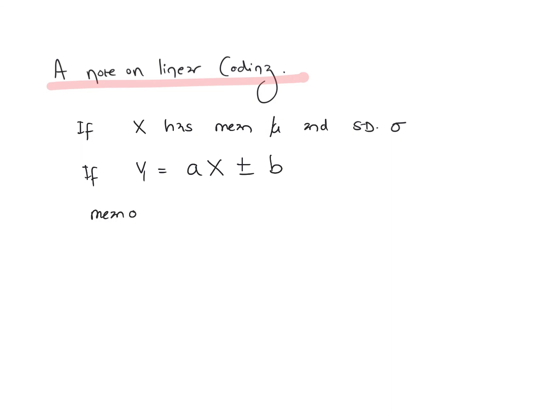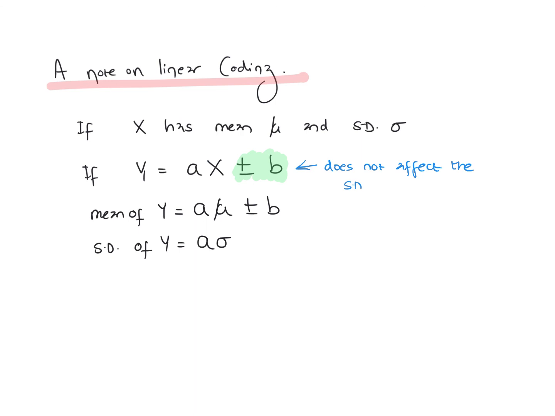The mean of y would equal a times the mean of x, which is mu, plus or minus the b value. So you can see the relationship there. The standard deviation of y would equal a multiplied by the standard deviation of x, which is sigma. But again, as we mentioned previously, this part here does not affect the standard deviation. So the plus or minus b does not affect the standard deviation or variance of y.